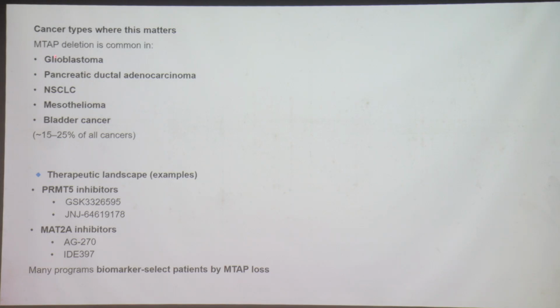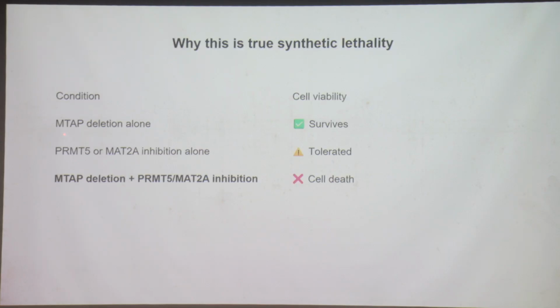Still it is deleted in glioblastoma, pancreatic cancer, and these other cancers, okay? And these inhibitors are there, okay? So with MTAP deletion alone, cells survive. If you inhibit MAT2A or PRMT5, somehow they will tolerate it if MTAP is there. But if MTAP deletion is there, you inhibit this, it will lead to cell death.